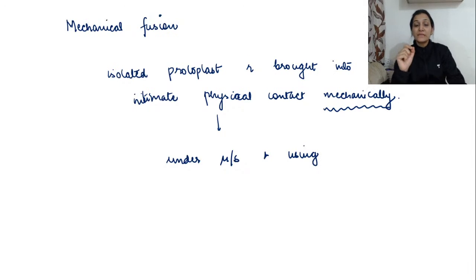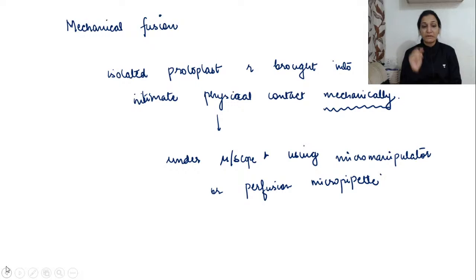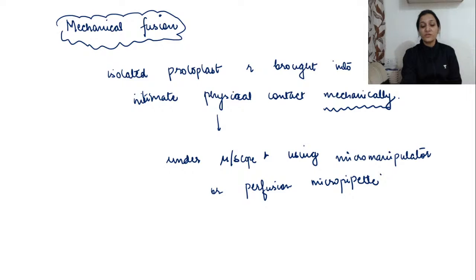Like the concept of gene gun or gene bombardment, a micromanipulator is used under the microscope. Because it is a very small, fragile structure, it needs a very small micromanipulator. So this is mechanical fusion, and it is done using a sophisticated machine.